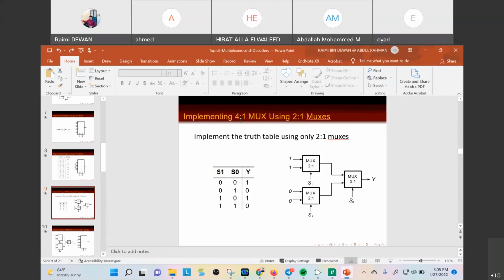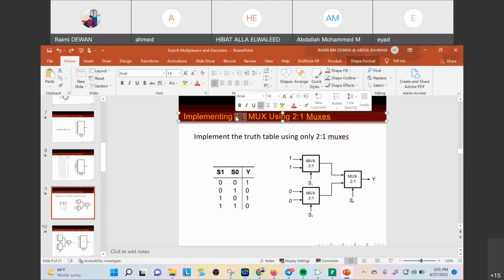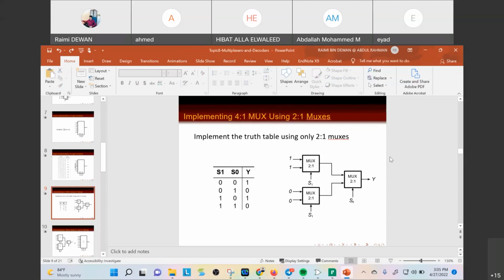So here we implement a 4 to 1 mux, 4 inputs to 1 output, using 2 input to 1 output muxes. Instead of needing a 4 to 1 mux, you need a smaller one, but 3 multiplexers, which are 2 to 1.